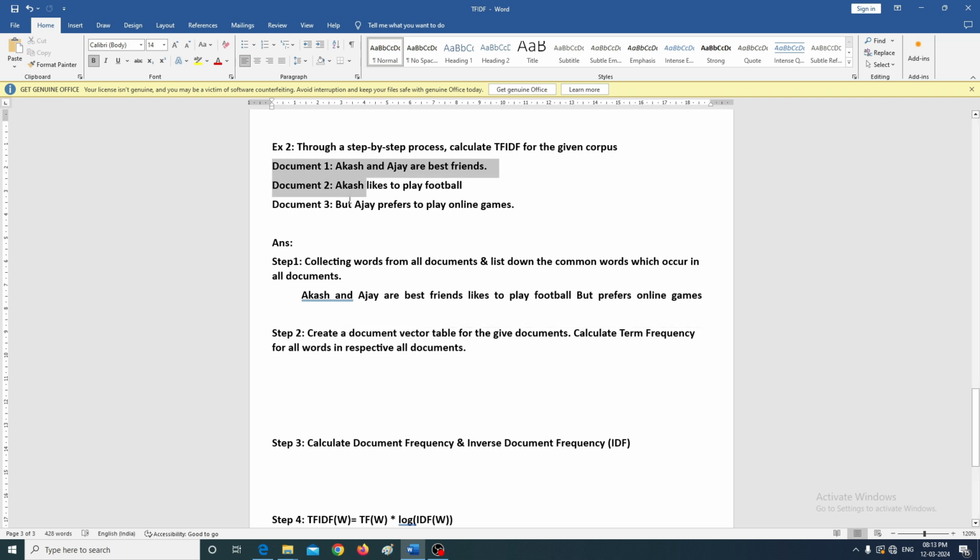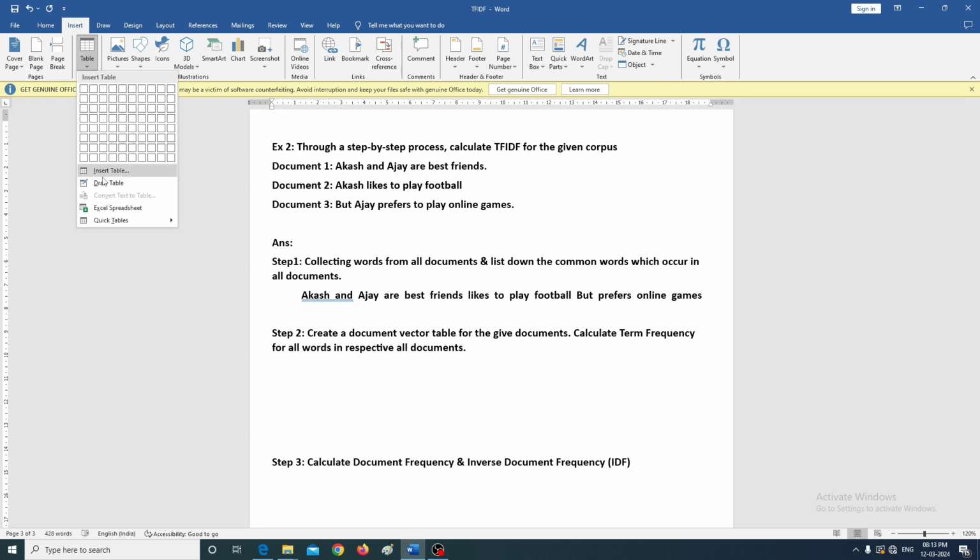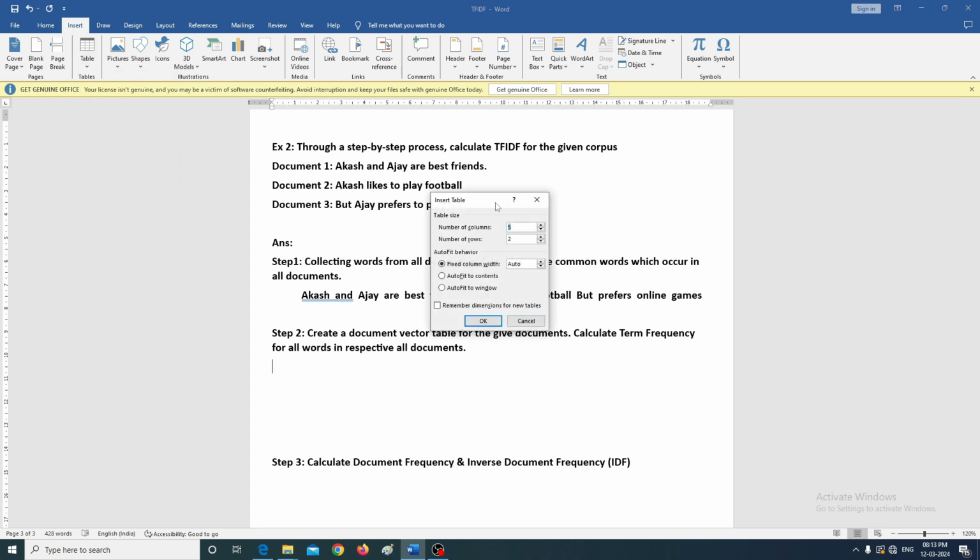We have 3 documents, so 3 rows are required, and we have 13 common words, so we require 13 columns. Here I am going to create a document vector table with 13 columns and 4 records.